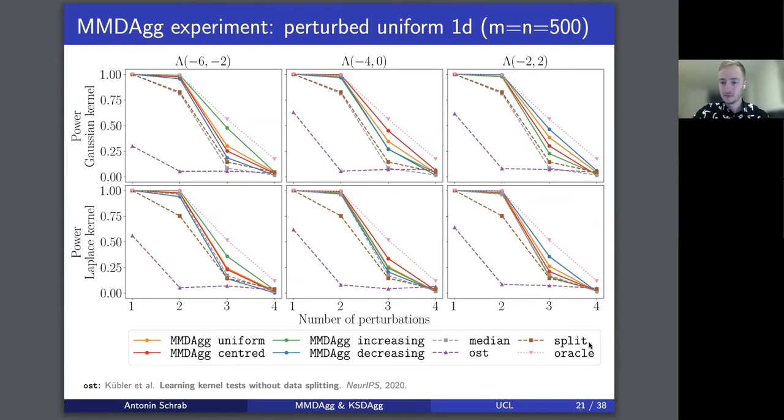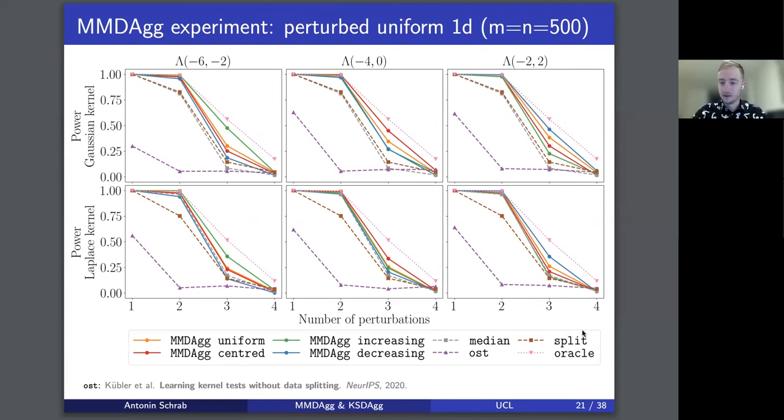We consider the split test, where we split the data in half, and we use the first half to select the bandwidth that maximizes a proxy for asymptotic power, and we use the second half to run the test. And the oracle here is just the same as the split test, but on twice the sample size. So here, all our tests have access only to 500 data points.